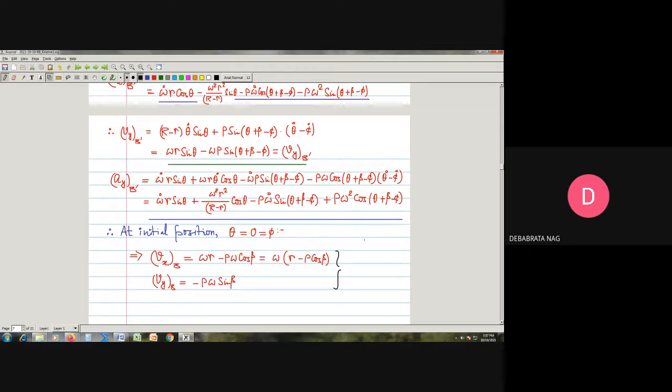So for point A we can write that Vx at A must be equal to 0. And similarly, you can notice that Vy at A must also be equal to 0. So it means that the velocity of point A is 0.